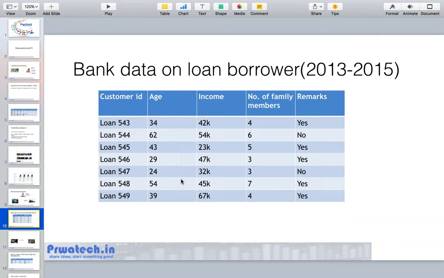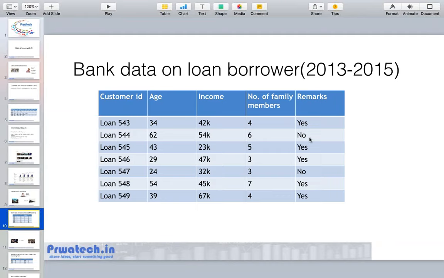Suppose the existing data looks like this, from 2013 to 2015. Suppose this is customer ID, age, income, number of family members, and the final column is remarks. This is existing data. If the bank recovered the loan amount from that customer, for example customer ID loan 543, then it is mentioned yes.